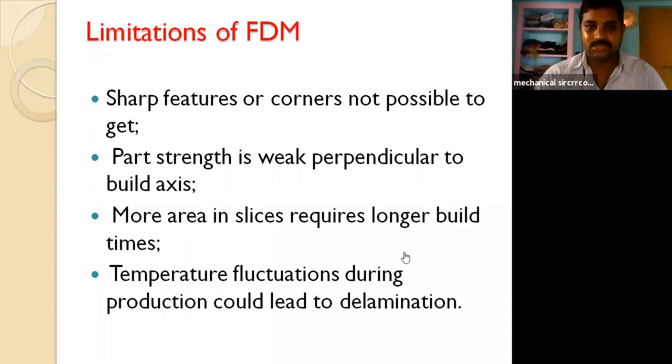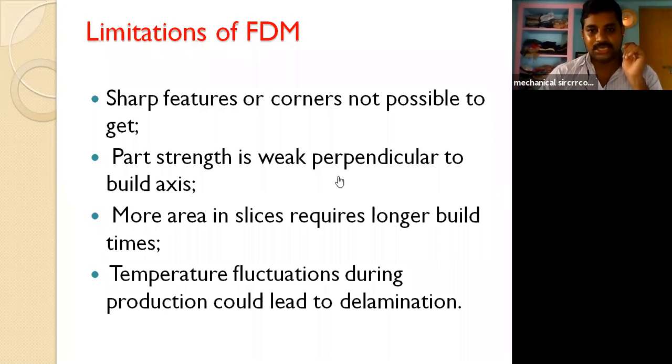We also have some limitations. What are the limitations to be considered here? Sharp features or corners are not possible to get. By this particular manufacturing process, we are not able to produce sharp features. If you are making tools like machining tools, it is not possible to produce them likewise.